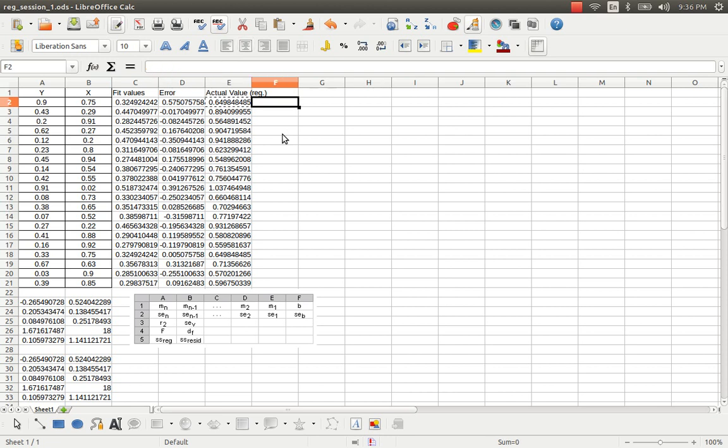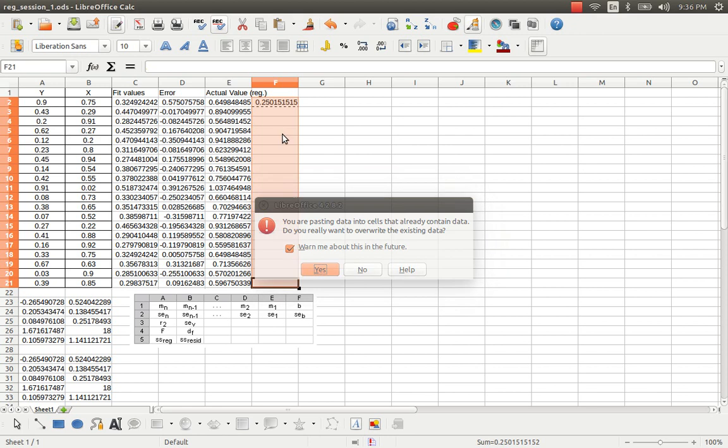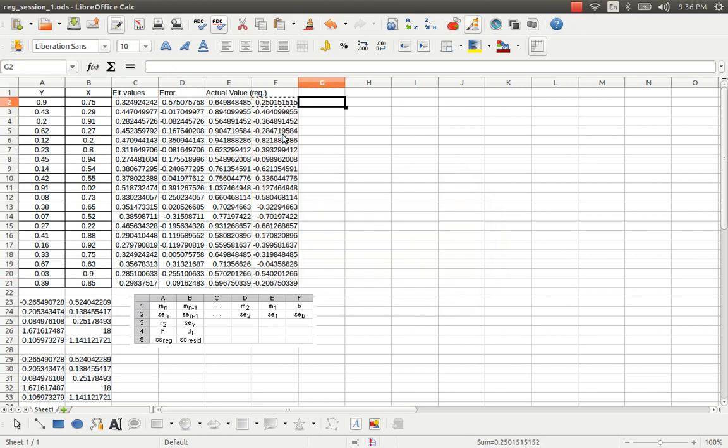So 0.64, 0.9 minus the actual value minus the error, that is the remnant. We still have the error left, and the total error is going to be the final error.